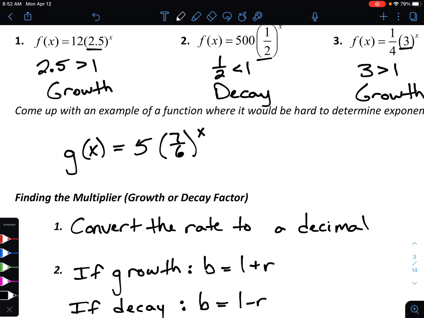And so just by looking at it, if you're not careful, you see that fraction and you might start to think decay. I'll leave it up to you to come up with some more examples of some functions where it might be kind of hard to tell, if you weren't being careful, whether the function was growth or decay.